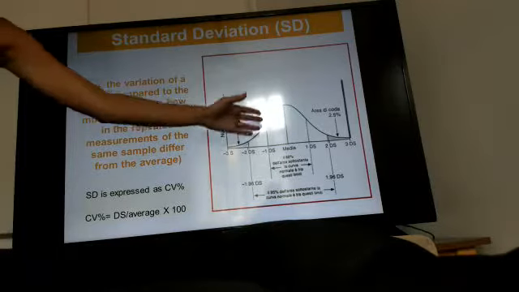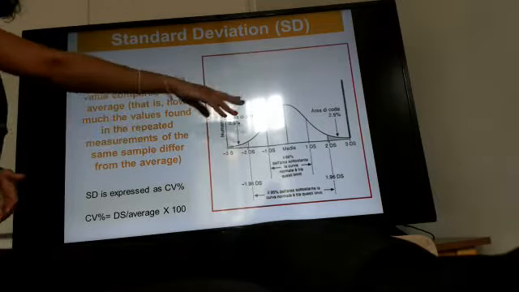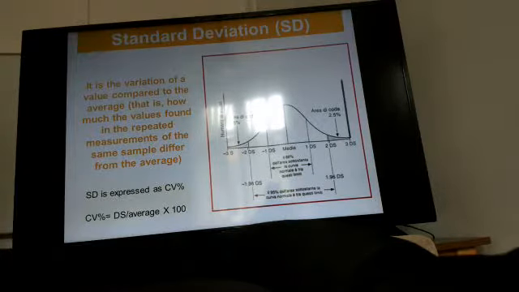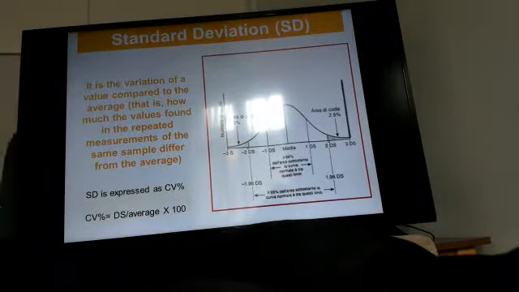So what is expected is a normal distribution. It means that most of the values will be nearest around the average value, and some other values will be on the outside of this distribution.